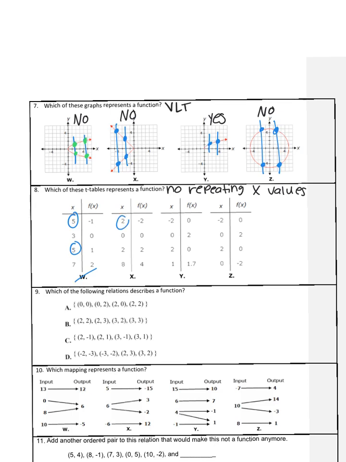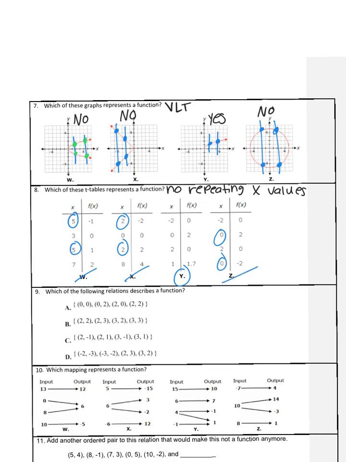On X, you've got 2 and 2 that repeat, so it's not that one. On Y, nothing repeats. You've got -2, 0, 2, and 1. Those are all different numbers, so Y does represent a function. On Z, 0 and 0 are repeating, so it's not Z.